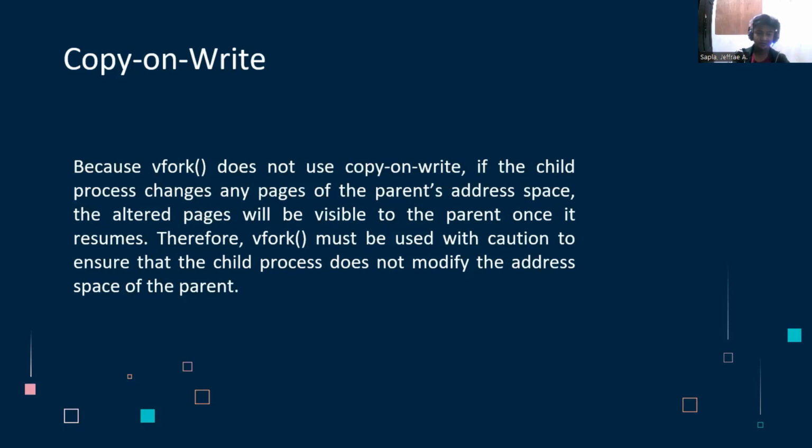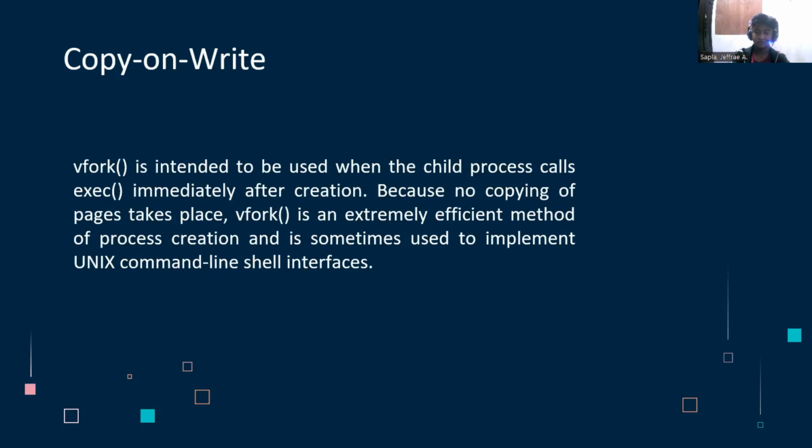Because vfork does not use copy on write, if the child process changes any pages of the parent's address space, the altered pages will be visible to the parent once it resumes. Therefore, vfork must be used with caution to ensure that the child process does not modify the address space of the parent. vfork is intended to be used when the child process calls exec immediately after creation, because no copying of pages takes place.